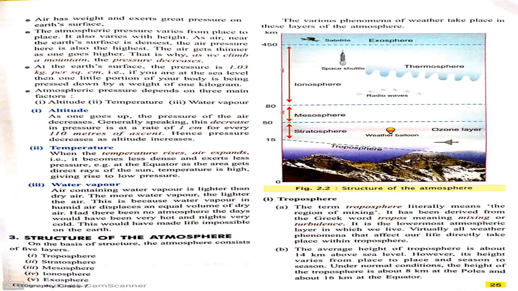Okay, then next one is water vapor. Air containing water vapor is lighter than dry air. The more water vapor, the lighter the air. This is because water vapor in humid air displaces an equal volume of dry air.